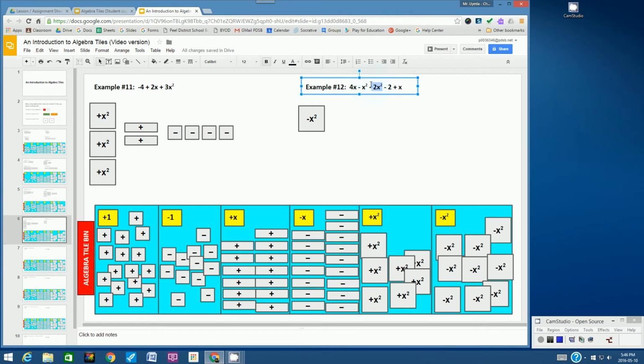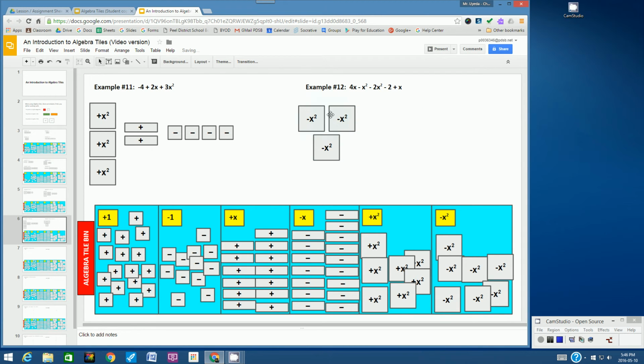And then we have negative 2x squared. So we're just going to combine them with what's already here. Let's bring over two more here. So we've got 1 and 2. Now I can cluster them this way because it's very easy to see that there are three of them here. We have 1 here and then 2 more here.